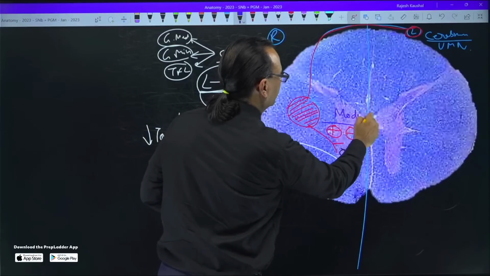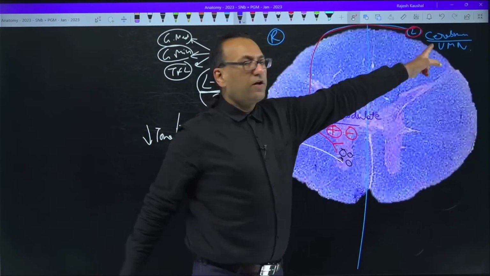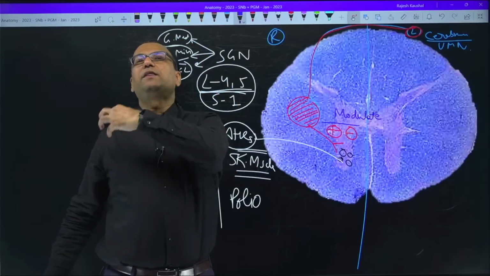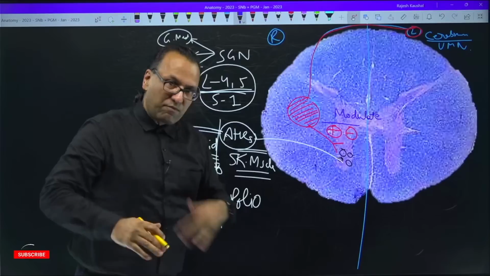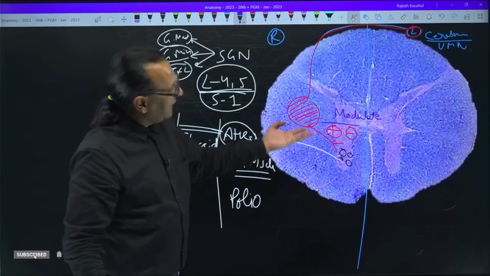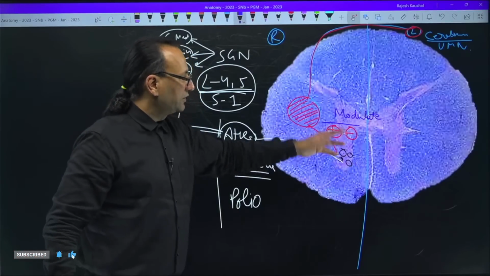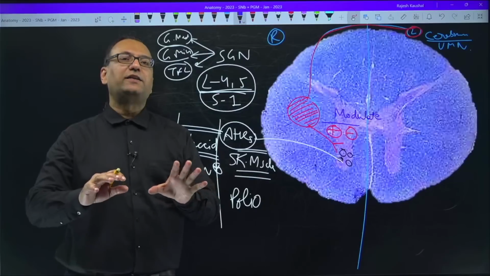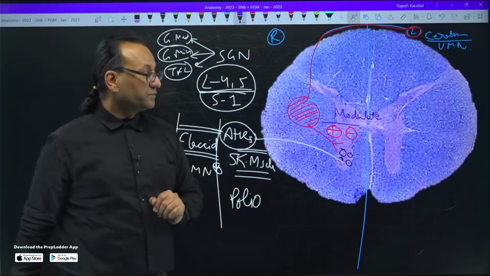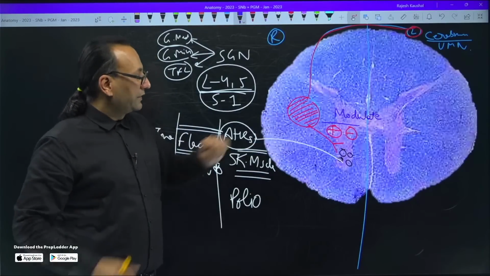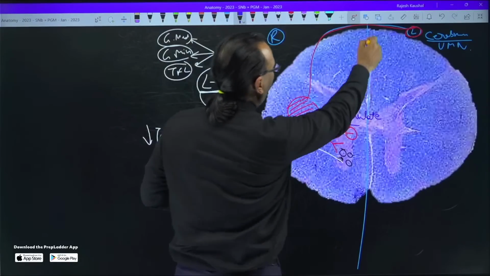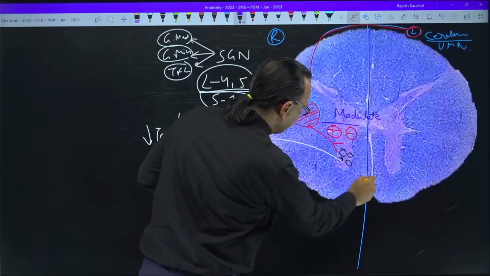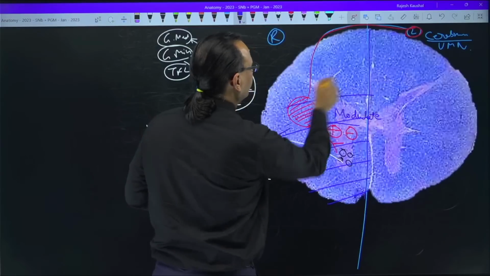First, the upper motor neuron on this side will activate the lower motor neuron on the other side. And once they are more activated, then they will inhibit it. So stimulation, inhibition, modulation, so that there is not much activity. Now the thing is, when they ask you Brown-Séquard syndrome, all this is compromised.